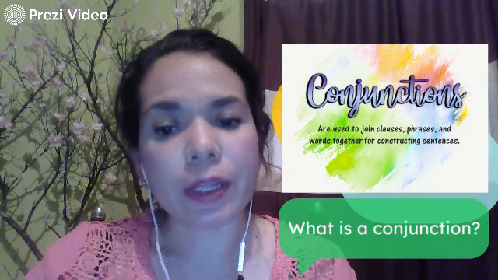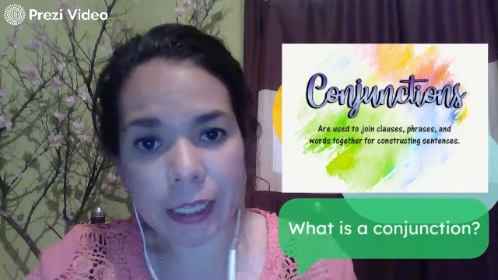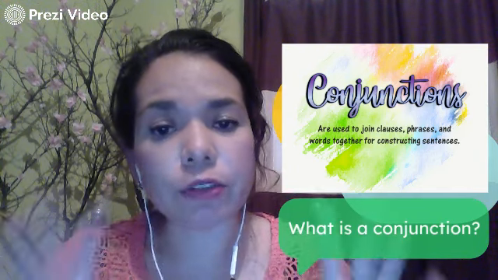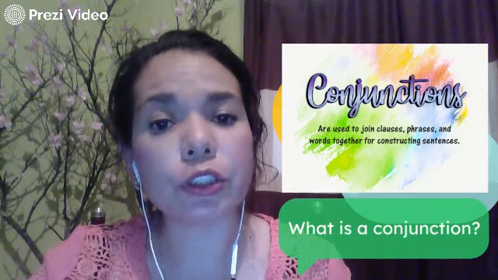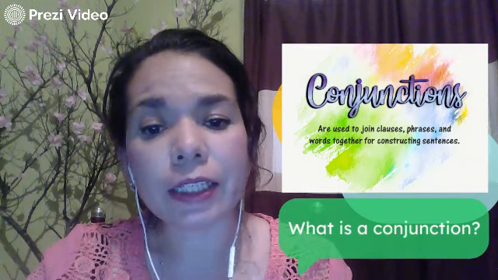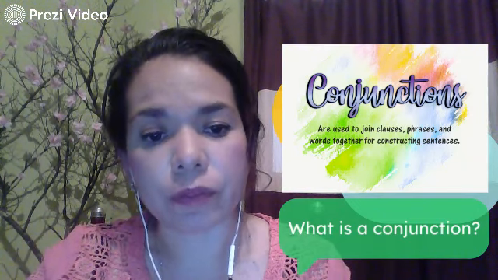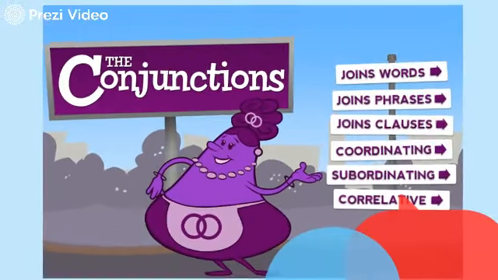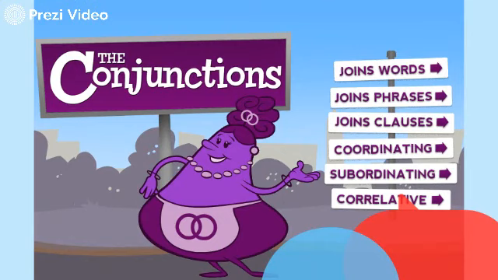Now, before we pass to the definitions of the two types of conjunctions, I want you to understand very clearly this definition. So let's remember, conjunctions join words, like putting two words together and in the middle you put the conjunction.